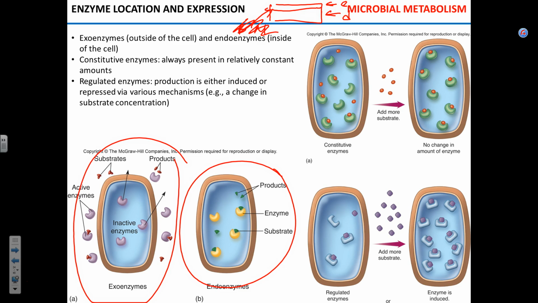Okay? Now enzymes, some of the enzymes are produced constantly. This is called constitutive enzymes. Constitutive means constant levels. And some, I would say most, are regulated. Now if you think about this, remember operons we talked about? Essentially, enzymes that are encoded by the structural genes of the operon are regulated ones.